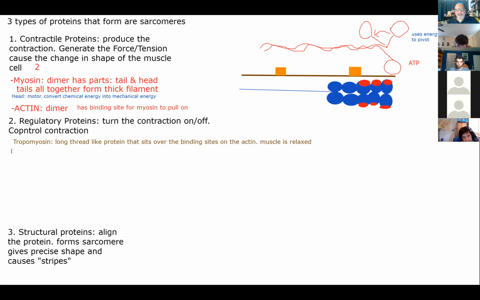And this handle-like protein can move the tropomyosin out of the way. And this handle-like protein that can move the tropomyosin out of the way is called troponin.